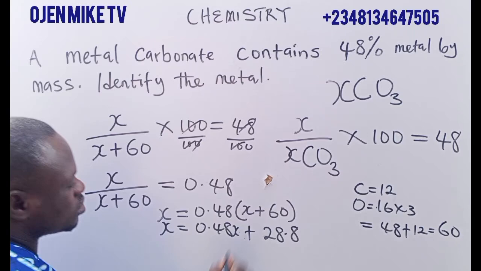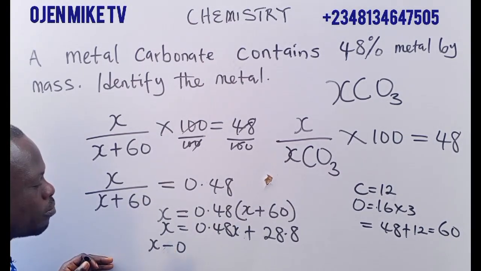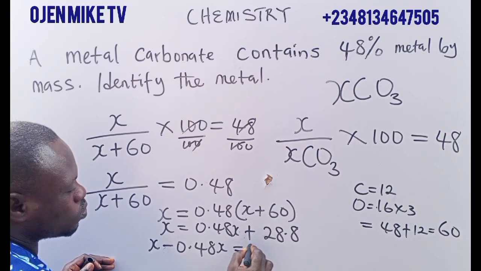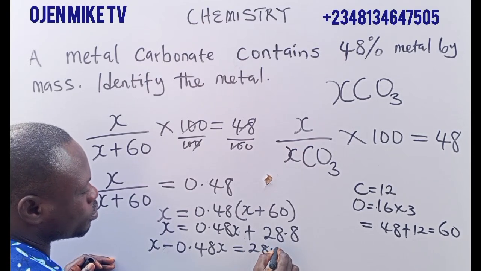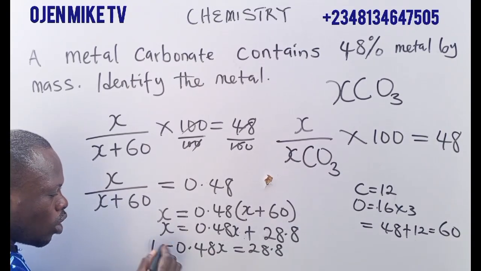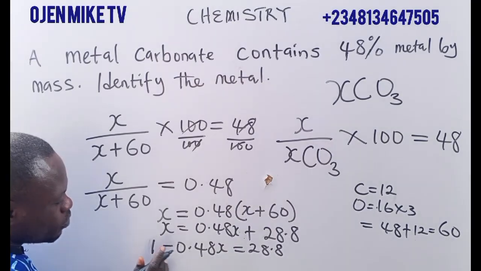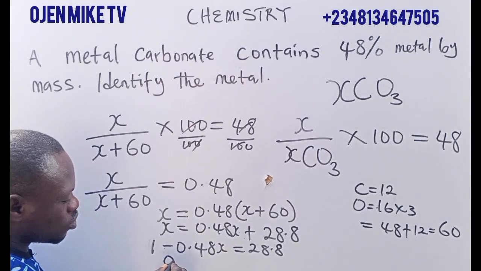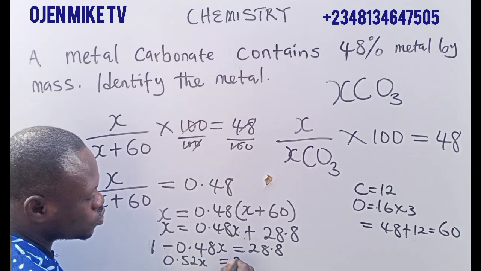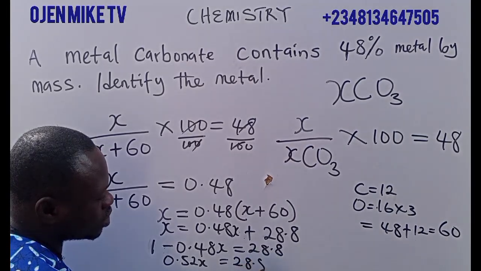All right. So now what do we do? We subtract 0.48X from both sides. So X is equal to 0.48X plus 28.8. This X minus this one is like 1 minus 0.48, so if you subtract it, it will give 0.52X is equal to 28.8.